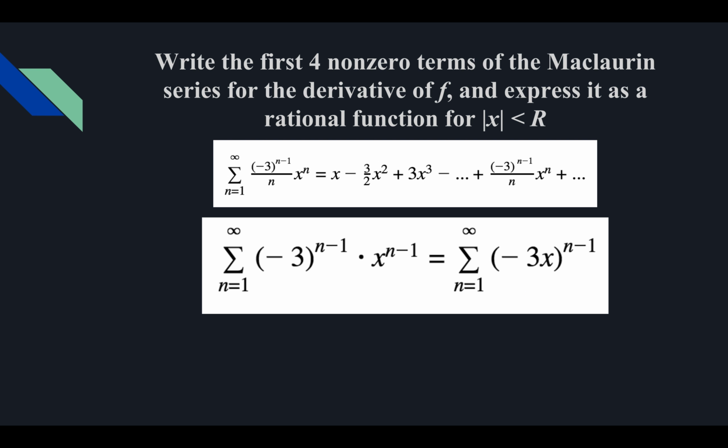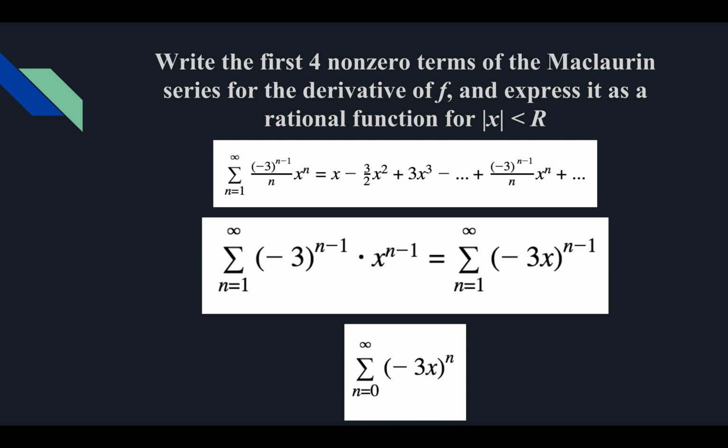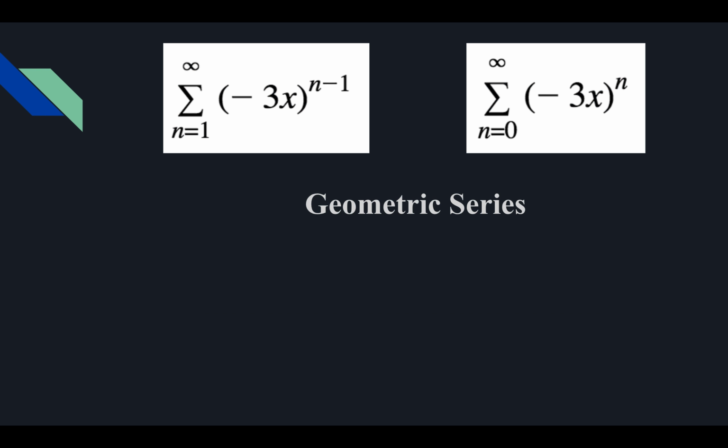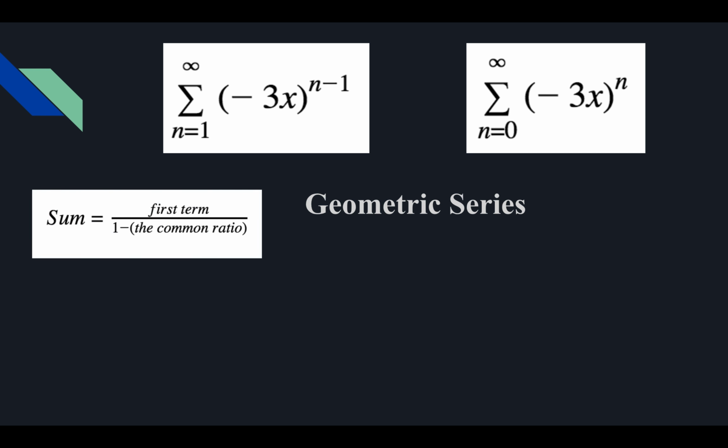We can also rewrite this as negative 3x to the nth from 0 to infinity. No matter which way you write the series, the derivative of the original f, they will both be geometric series. And in order to find the sum of the geometric series, we take the first term and we divide it by 1 minus the common ratio.